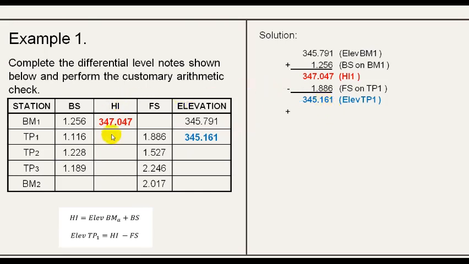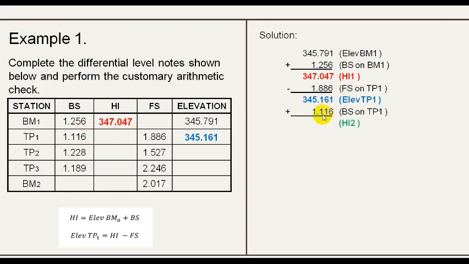Next, balik ta na po para makompute na ta ang atong HI sa second setup. So, kanina po na formula. Height of instrument is equals to elevation of turning point 1 plus backside reading, which is 1.116.